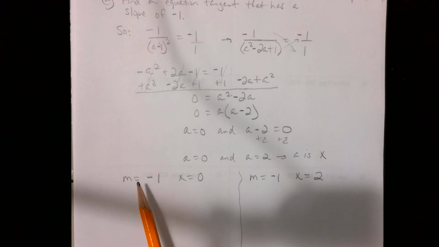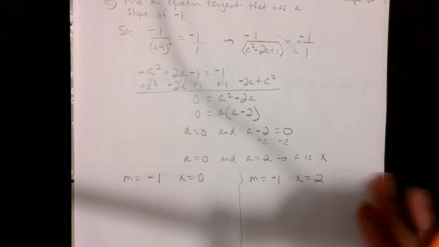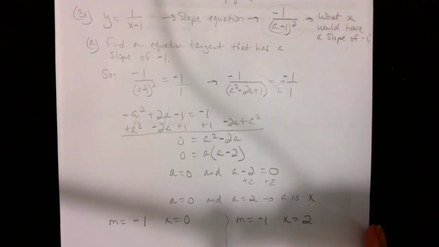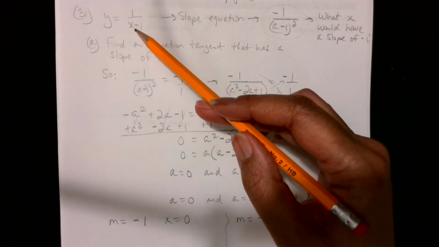So we're almost done. We have our slope, we have our x and our point, but we need our y and our point. So what do we do here? We plug x into the original function to get your y. So plug this x into the original function to get our y.